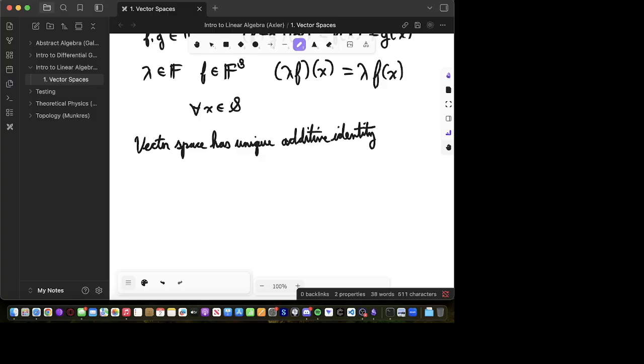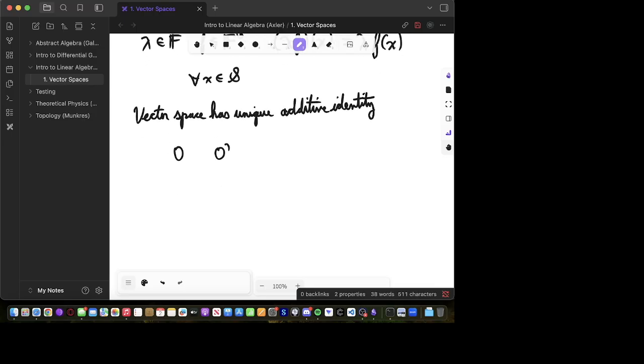So, let's say we have 0 and 0 prime are both additive identities. Then, we need to use some of the properties that we know. So, remember, 0 is an additive identity. So, this holds true.